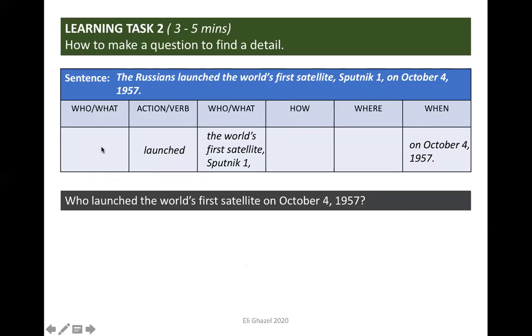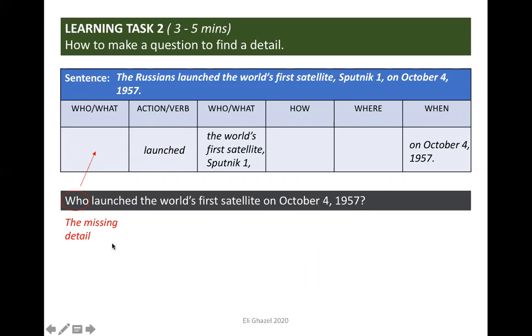If we want to know the who or what detail, then we ask the question with the rest of the details, like who launched the first satellite, Sputnik 1, on October 4th, 1957? The question mark. Make sure that they've got the question mark. So you can use this as a demo to explain it.